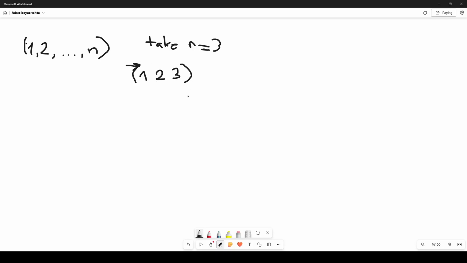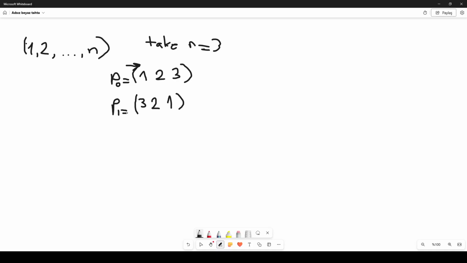And a permutation is what we get if we rearrange these numbers. For instance, if I write 3, 2, 1, this is also a permutation. Say the natural one is P0, and this is another permutation, P1.